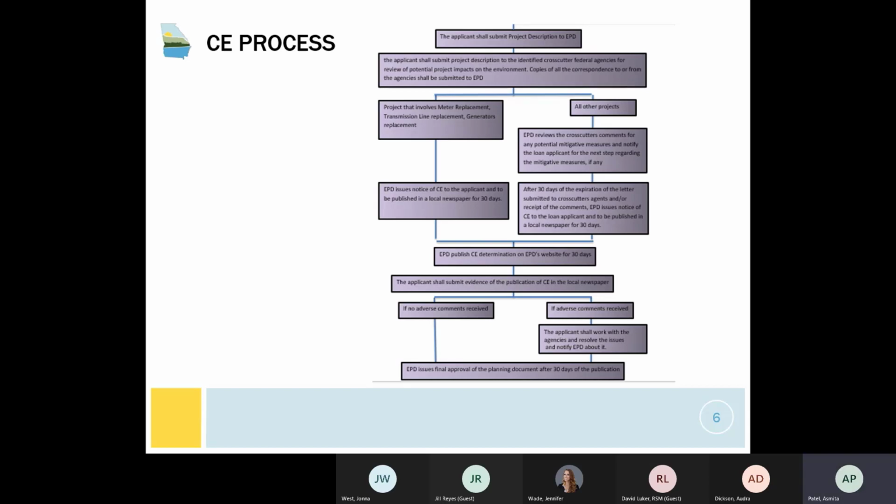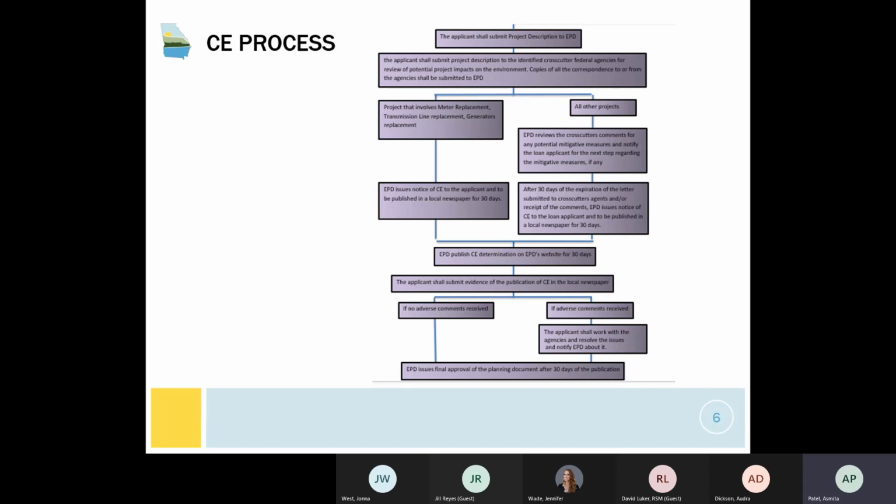It typically takes from 30 to 60 days for EPD to issue a CE and issue the final planning approval letter. So the first step is, as mentioned, the applicant will submit the project description to EPD. Unlike wastewater, EPD drinking water will not submit the project description to the agencies. The applicant needs to submit those.